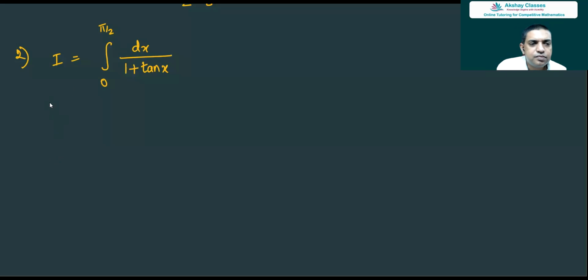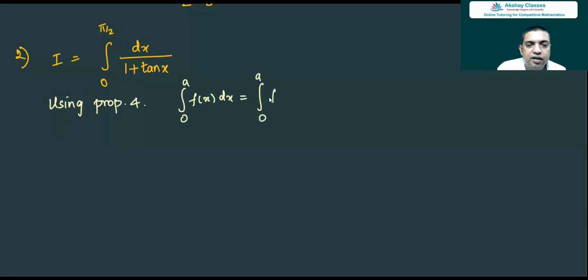So when you see this, use property 4. What is that? Integral 0 to a f of x dx is same as integral 0 to a f of a minus x dx. So what we get from here is, tan of pi by 2 minus x is cot x.